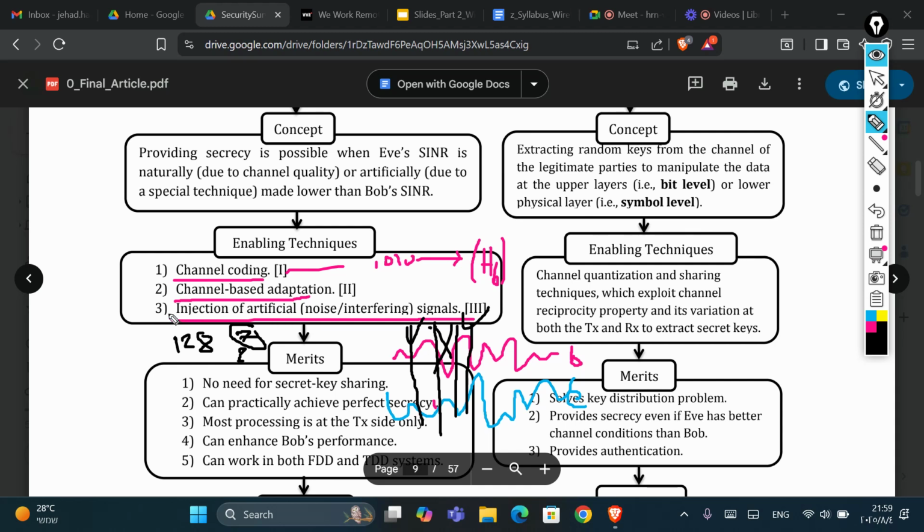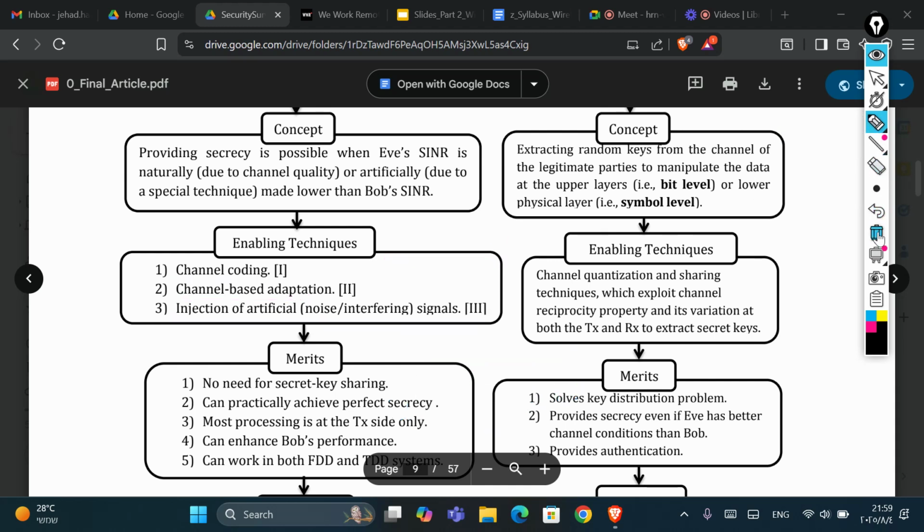So, the last technique: injection of artificial noise. Here, what do we do? Let's again draw another channel for Bob and Eve, in a different color. This is again Bob's channel, assuming this is what the receiver measures.